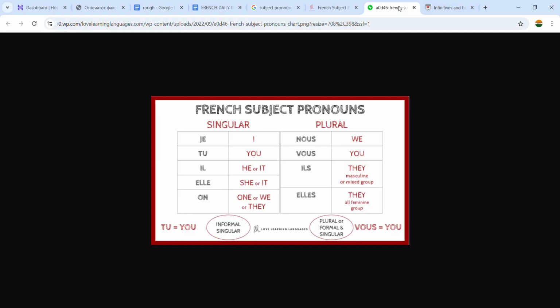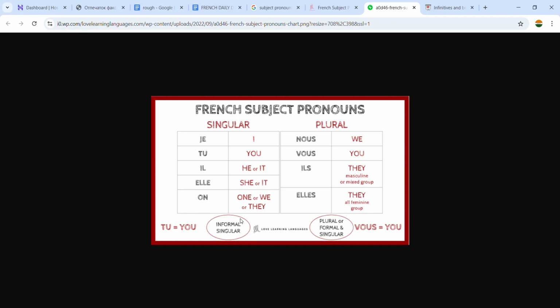So je means I, tu means you, il means he or it, elle means she, or if you are referring to someone feminine you also use elle. On means one, we or they, an informal way of saying we, or one person, one friend, like this. Nous, we, vous, you, ils, they, masculine or mixed group, as I told you earlier. And then elles, they, an all-feminine group.